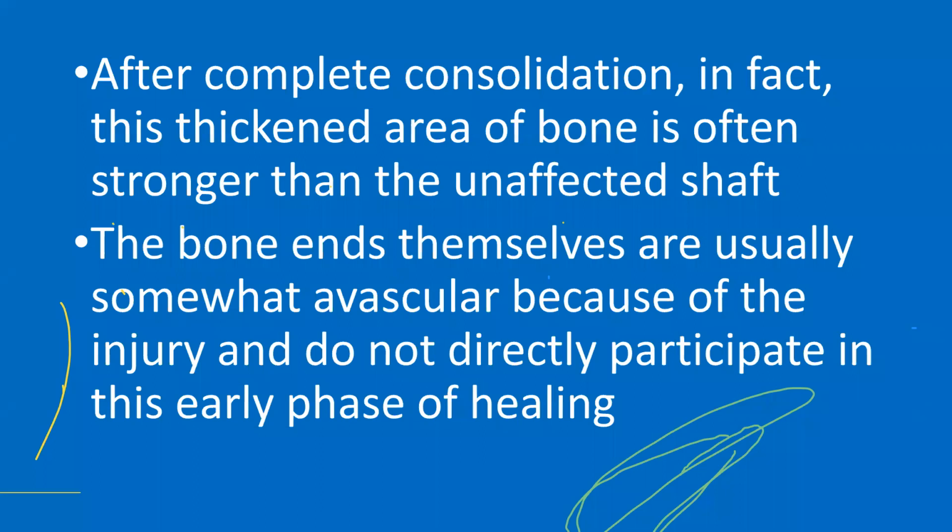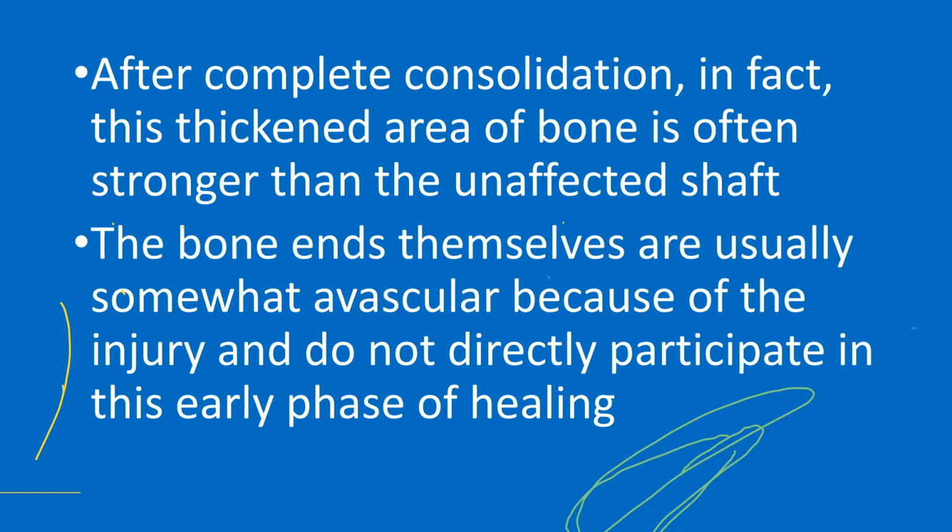After complete consolidation, in fact, this thickened area of bone is often stronger than the unaffected shaft. And that's true. Many times in children, when you have a fractured forearm and callus formation, these children can come back with a fracture just adjacent to the callus, not within the previous fracture.